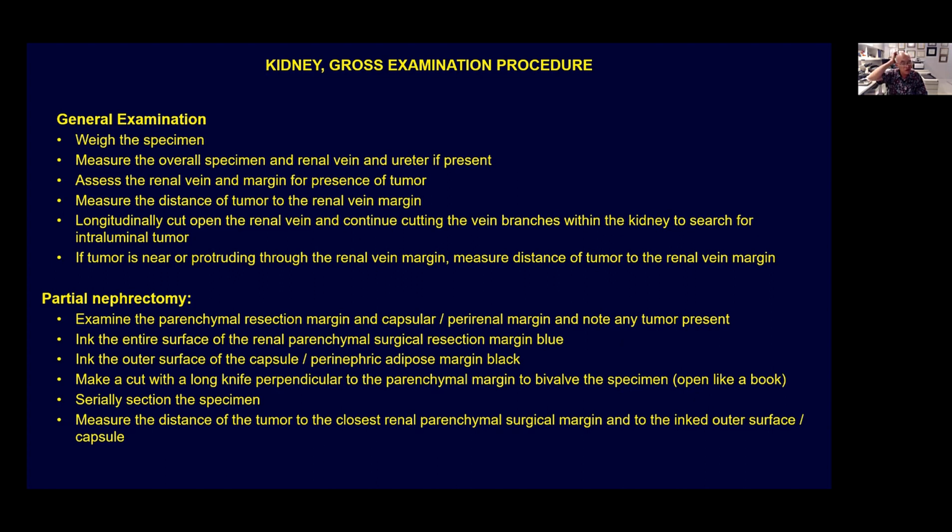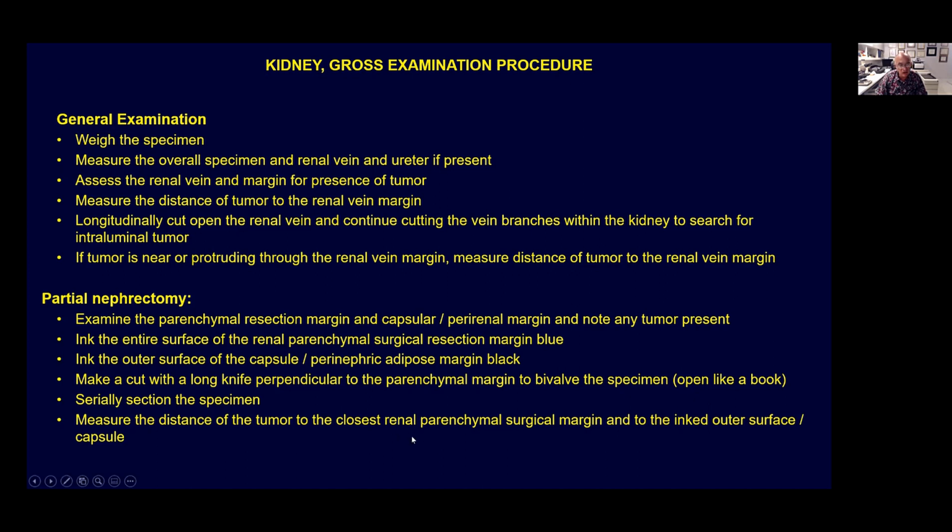And if you want, you can even put in a comment, when you make the assessment of the margins, that says, refer for final margins to specimens A, B, C, or whatever, that are different from the main specimen of the nephrectomy or the partial nephrectomy.